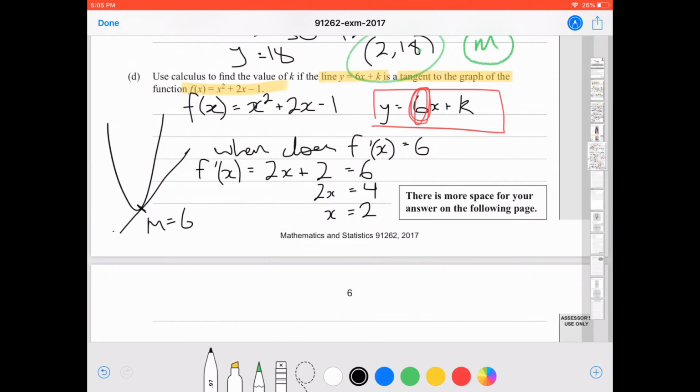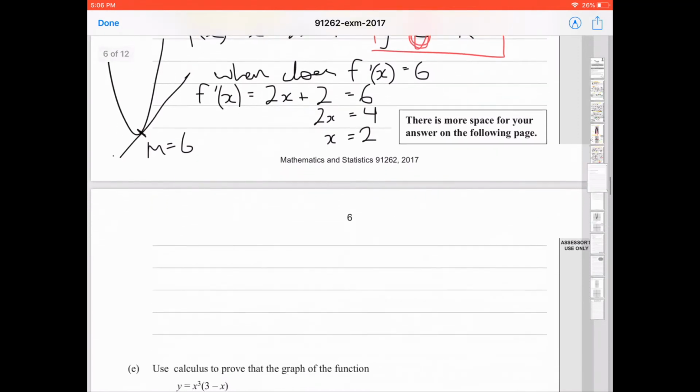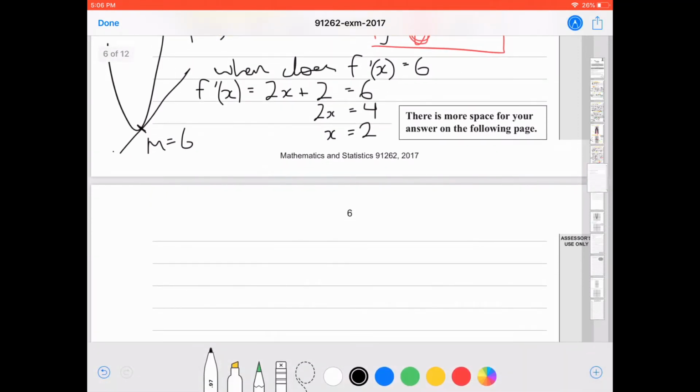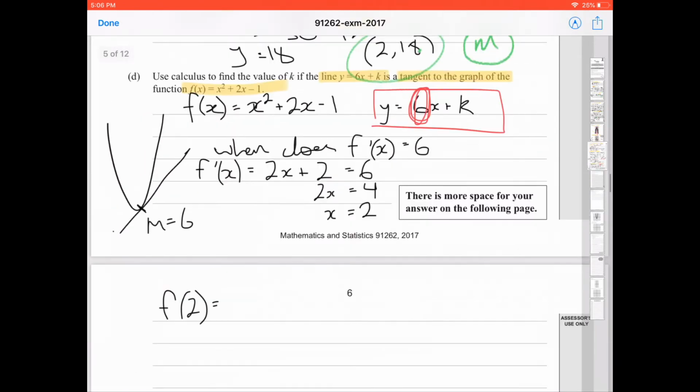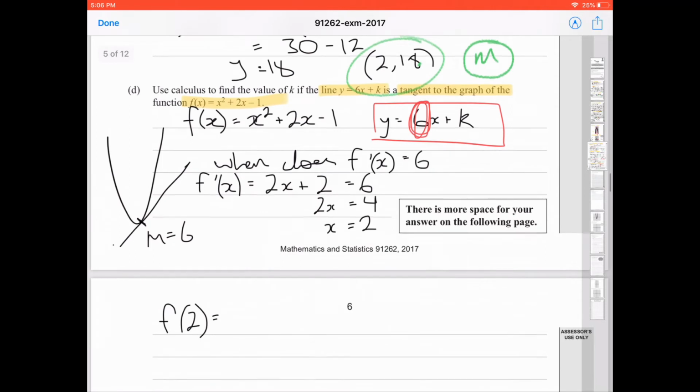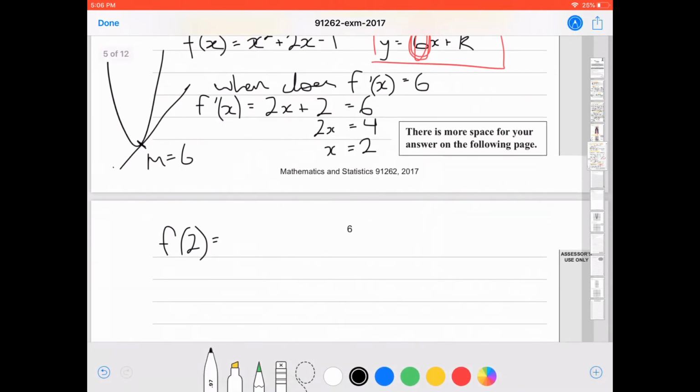Now, we don't really know if we need it or not, but we could also say, well, if x equals 2 at this point, what is the y coordinate? So we can say f of 2 equals, now what was our original function? X squared plus 2x minus 1.